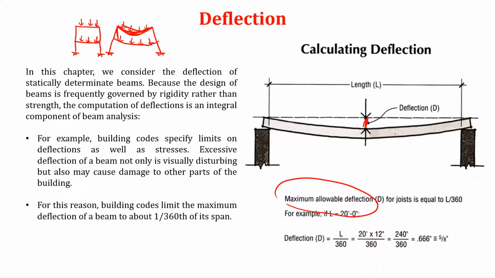So, say for example, we have 6 meters na beam, 'di ba? 6 meters na beam. So, ang allowable deflection lang ana or bending niya is of course 6 meters divided by 360. So, pila man ng 6 divide 360?